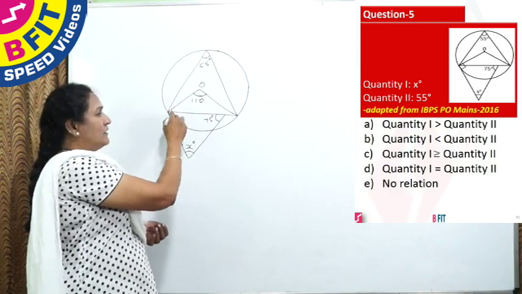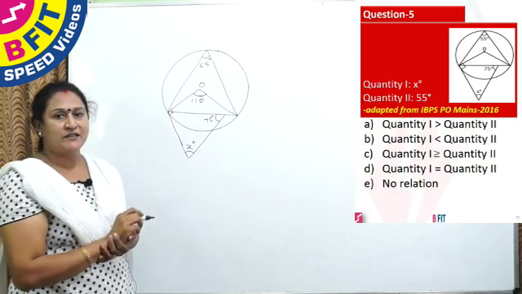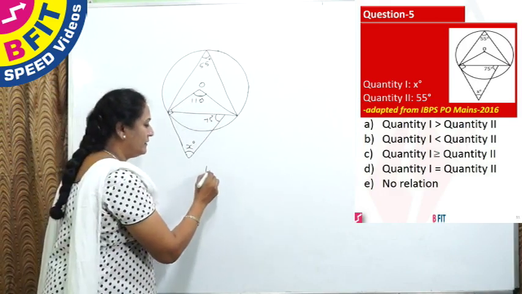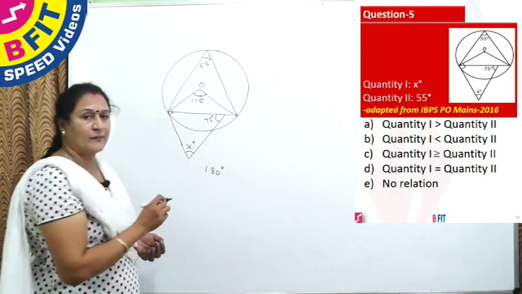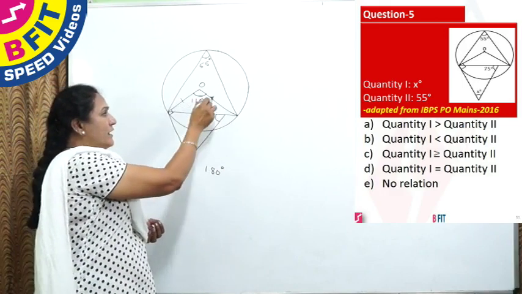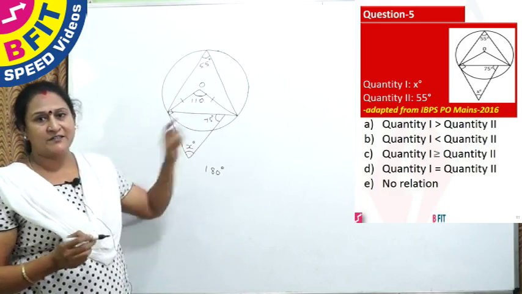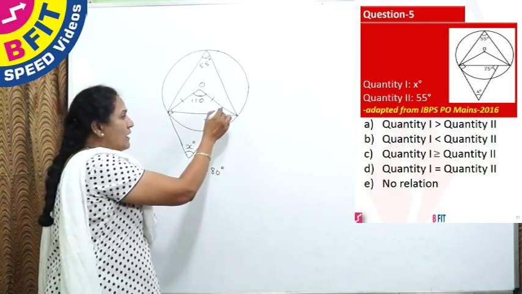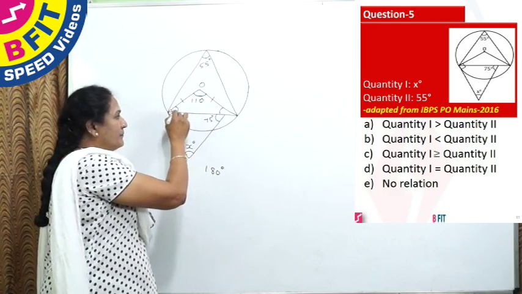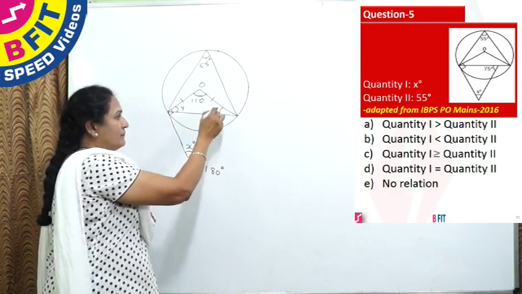And for a triangle, when you add all the angles, it is 180 degrees. These are radii of this circle. The same side will subtend the same angle, so these two angles will be the same. I'll take this as y.